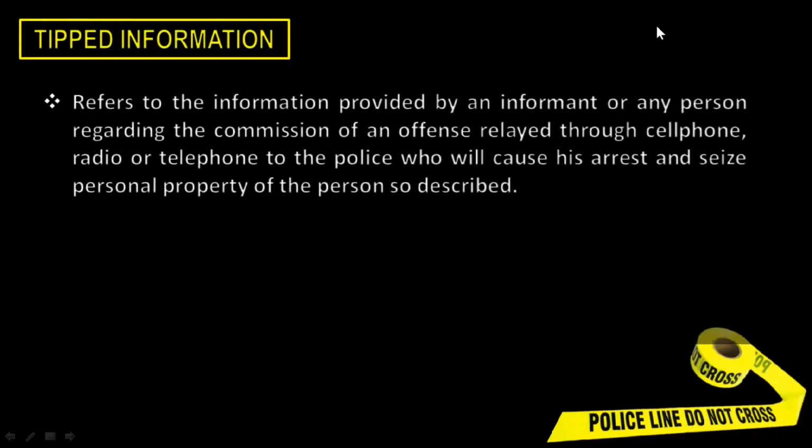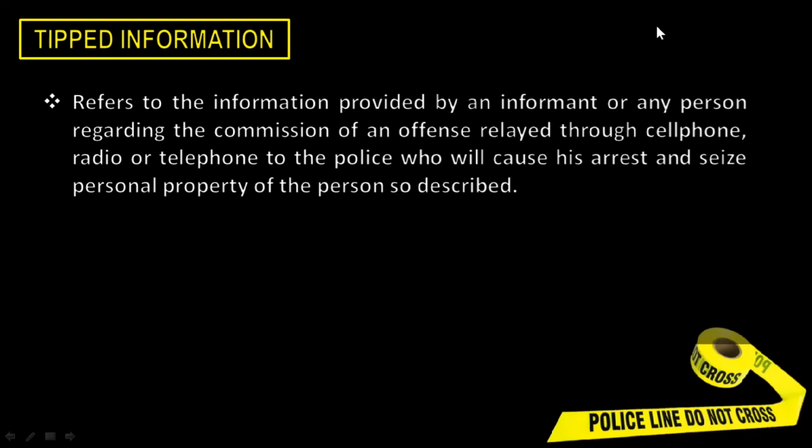Tip information. So tip information refers to the information provided by an informant or any person regarding the commission of an offense, relayed through cell phone, radio, or telephone to the police who will cause his arrest and seize personal property of the person subscribed.